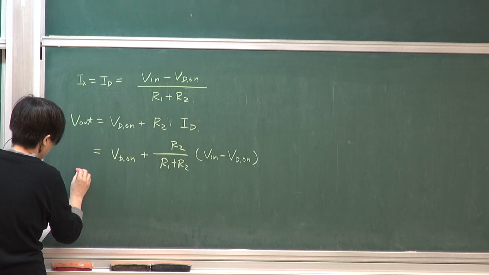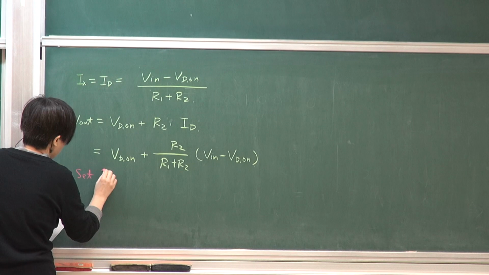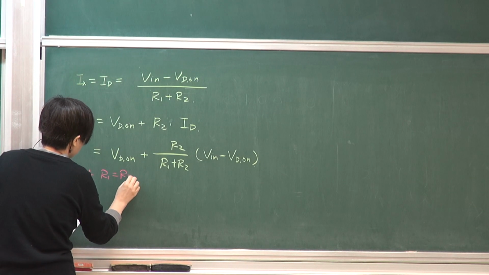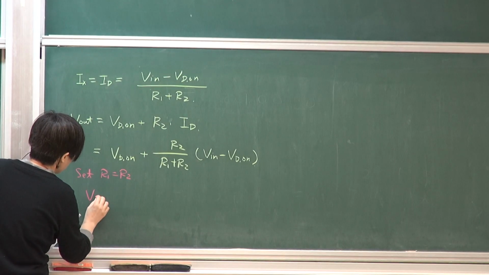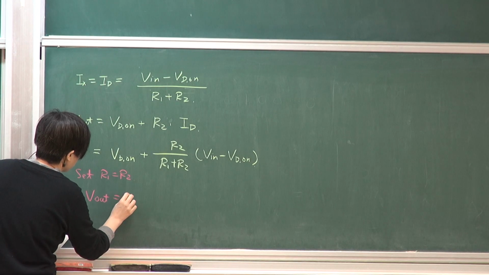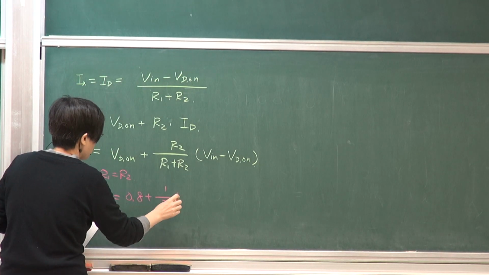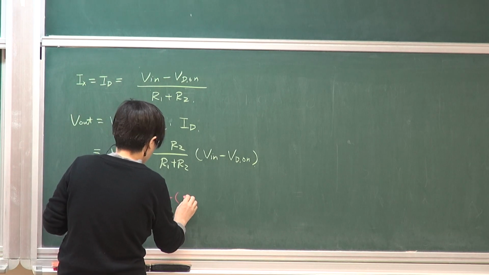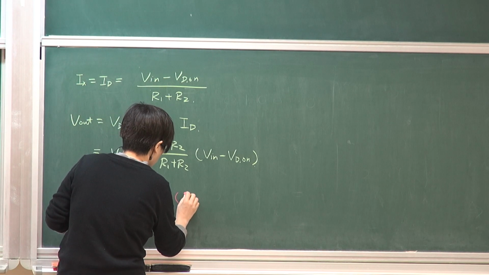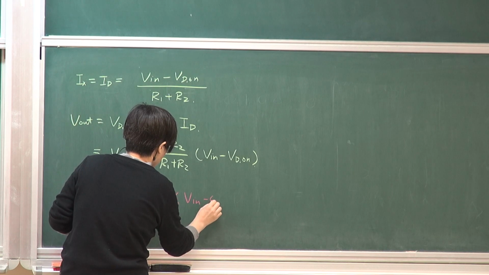Let's say if I set R1 equals R2, my transfer function in region 2 will be 0.8 plus 1/2 (Vin minus 1).